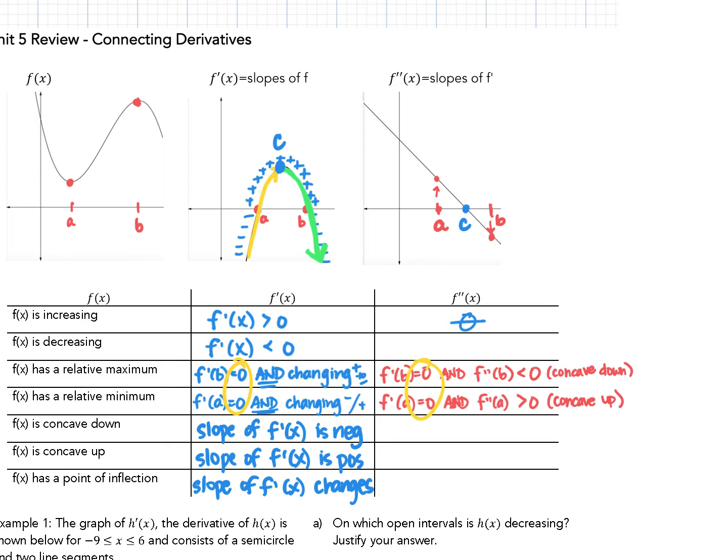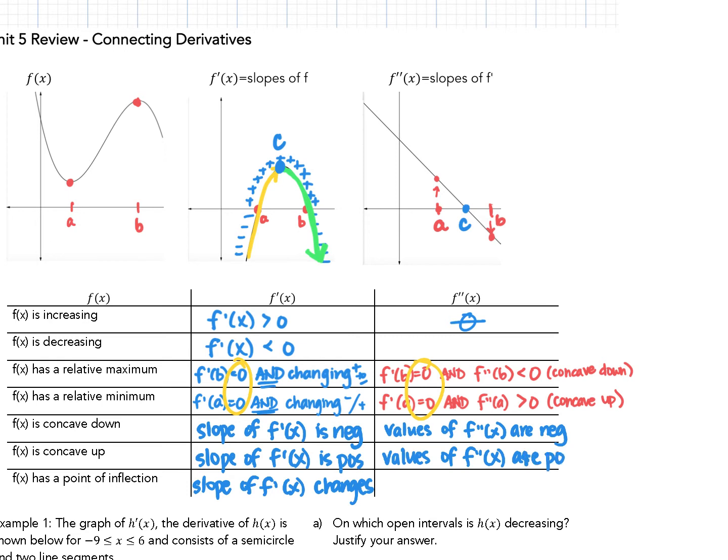So how could you say that I use the second derivative to justify that f of x is concave down? Rather than saying the slope of f double prime is negative, you would say the values of f double prime are negative, or the values of f double prime are positive.